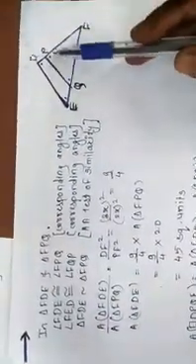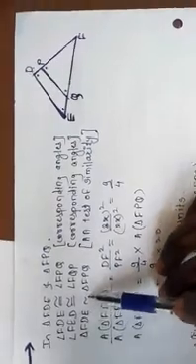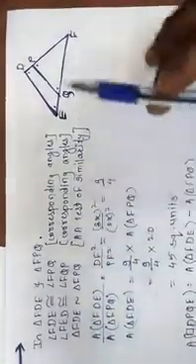Corresponding angles. Second, angle FED congruent to angle FQP. Means this Q angle and this E angle, corresponding angles. Therefore, triangle FDE similar triangle FPQ, AA test.